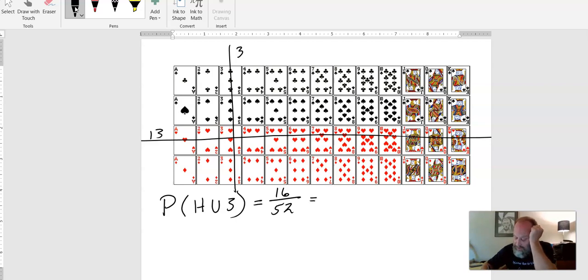If we start reducing this, I'm going to reduce by twos because that's usually the easiest way to go. If I divide them both by 2, it's 8 over 26. And if I keep going, that is 4 out of 13. Okay, so we're good there.